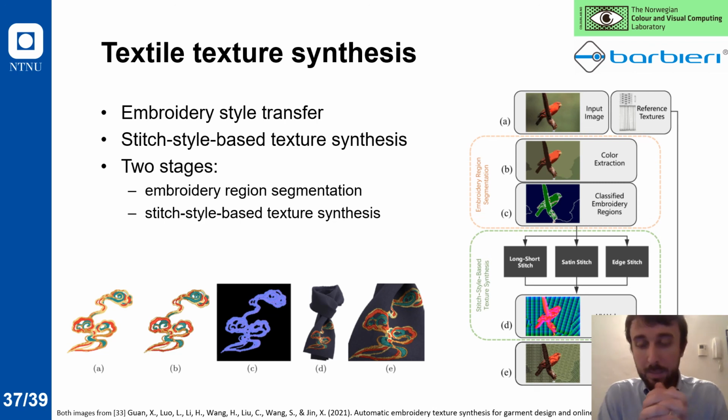A final example of texture synthesis application that I want to mention is texture synthesis for textiles. In particular, this very recent paper from Guan and colleagues develops a method that they call embroidery style transfer. This method doesn't use deep learning. It's a classical, traditional synthesis method, and it can be divided into steps.